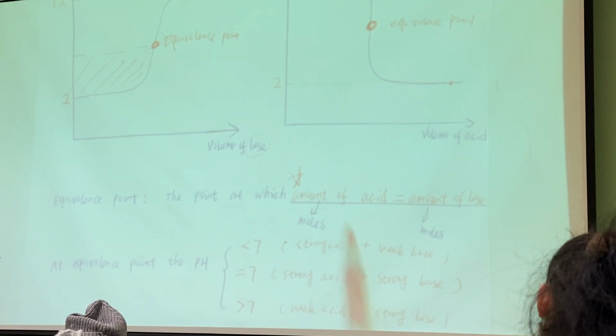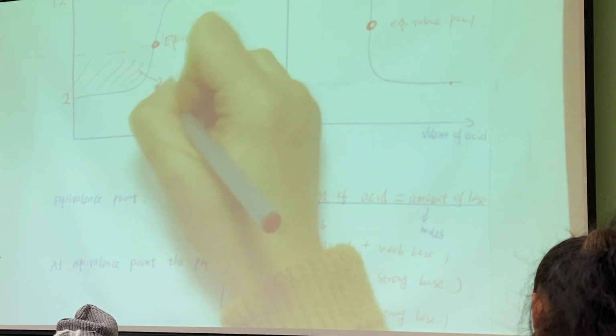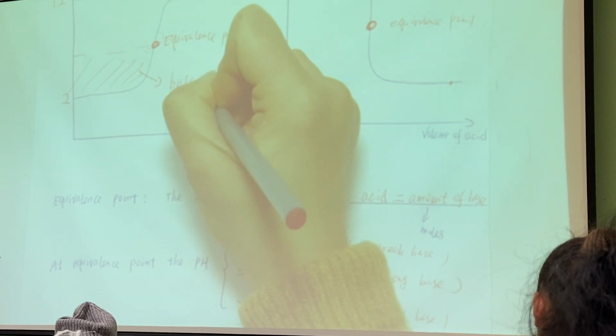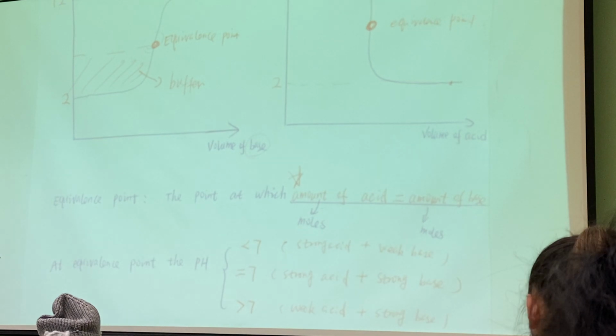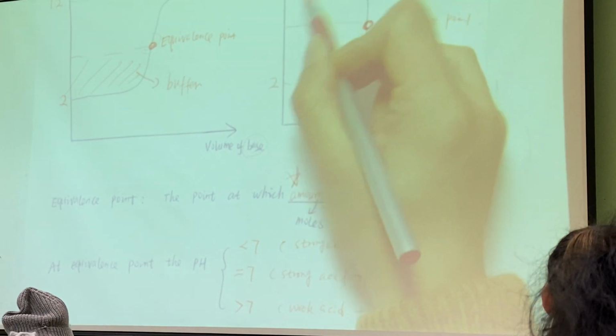What happens is your acid and base exist at the same time. When the acid and base exist at the same time, this area can be treated as your buffer system. Before you reach the equivalence point, it's a buffer area.